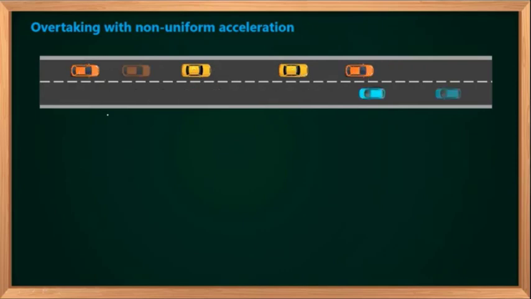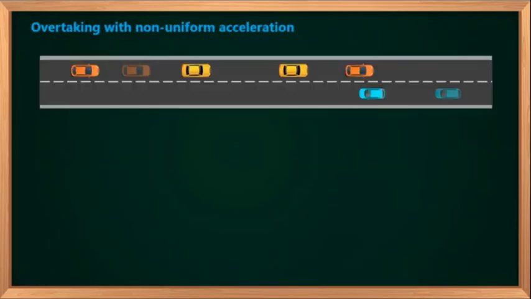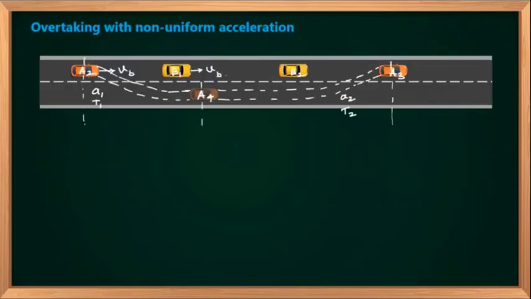This is different from the conventional type. What if the acceleration changes? This you will not find in most books. Try to understand. He is going at an acceleration a2, and from A2 to A4 he is going at an acceleration of a1. Let us assume this distance as d2 dash and this distance as d2 double dash.